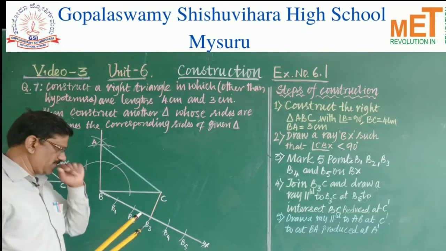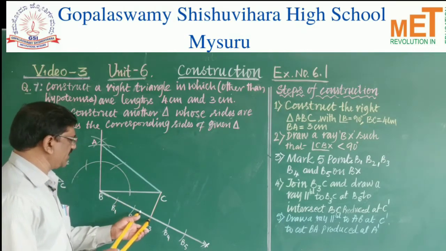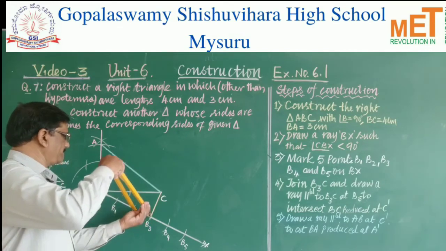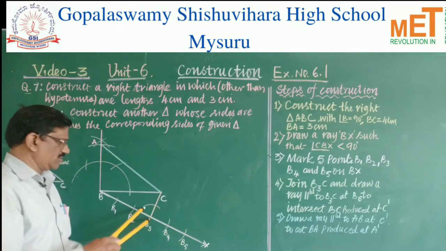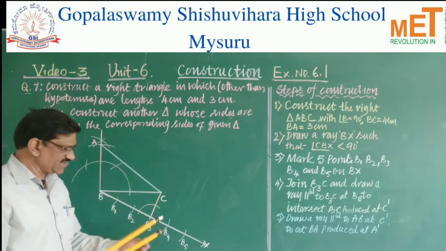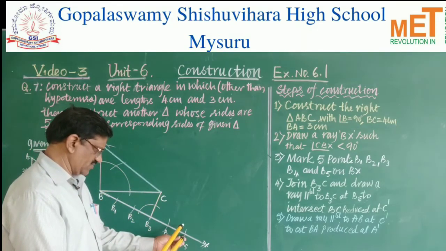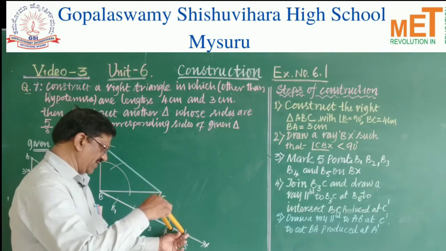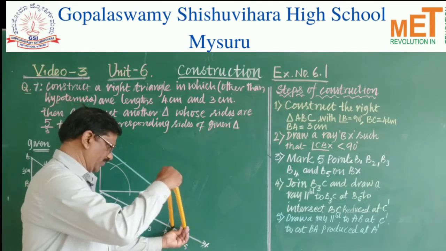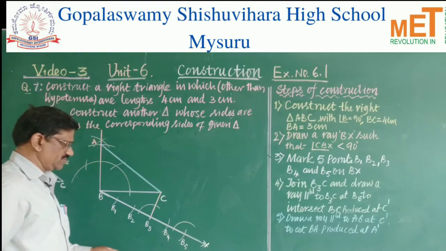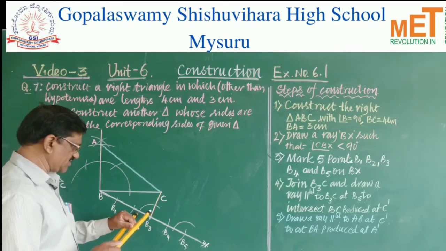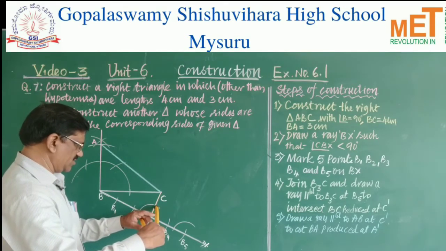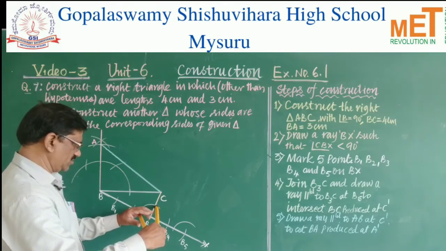Understood? So for that, you know that with a convenient scale, draw an arc with the same radius with B5 as a center, and after that you measure the distance between these two lines on the arc.